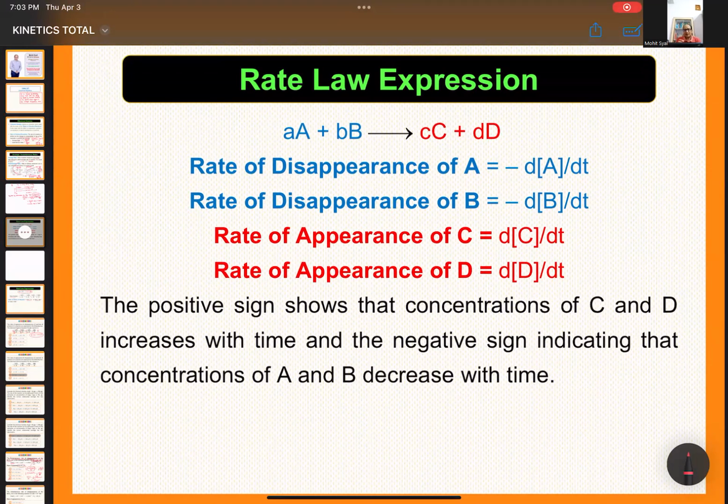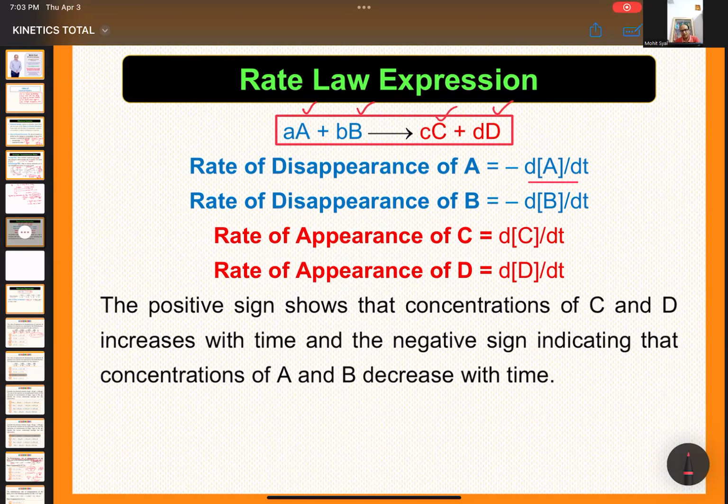This is the balanced chemical equation, and you can measure the rates of A, B, C, and D by differentiation or by calculating the change in concentration.